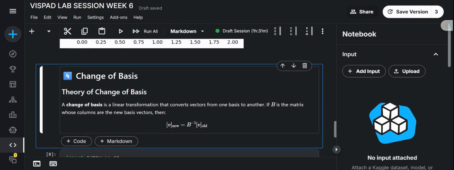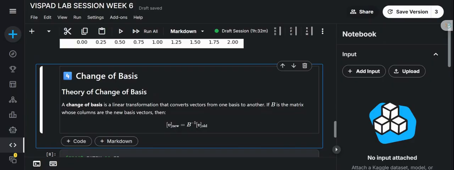So the theory of change of bases. A change of bases is a linear transformation that converts vectors from one basis to another. So if B is the matrix whose columns are the new basis vectors, then how do we find the old basis vectors?